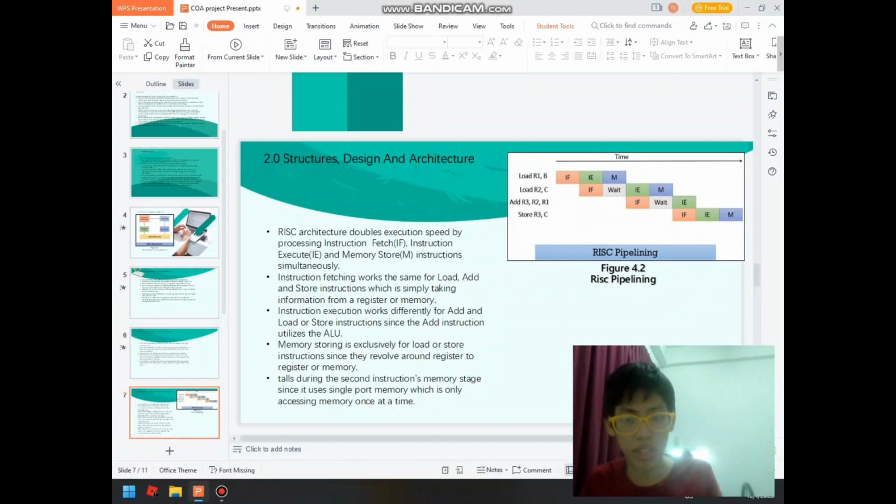All the IE you can see in this pipelining are not the same, because some are for the ALU and some are just for the load or store instructions. Memory storing is exclusively for load or store instructions, since they revolve around register to register or memory.